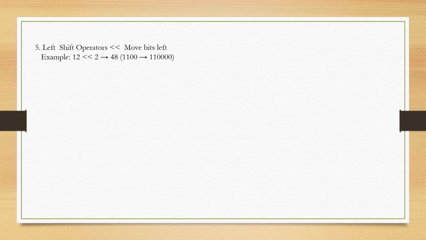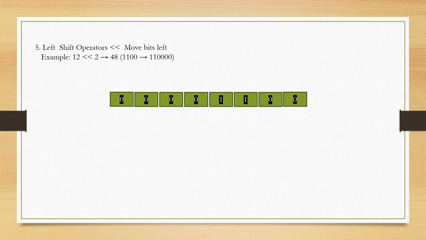Left shift operator moves bits to the left. Example: 12 left shift 2 means we have to shift 2 bits to the left. It's our 12. First we shift 1 bit, and then we shift the 2nd bit, because it is mentioned that we have to shift 2 bits.